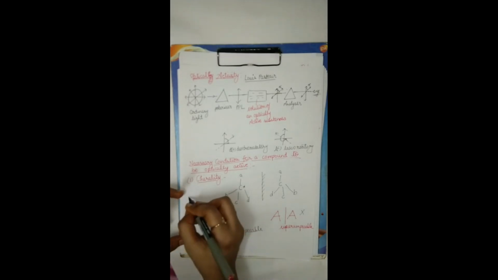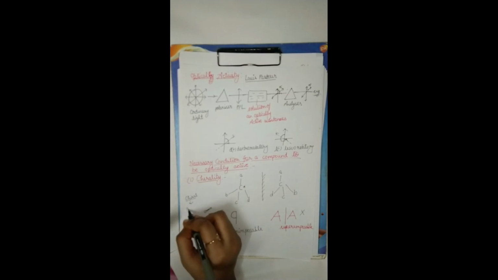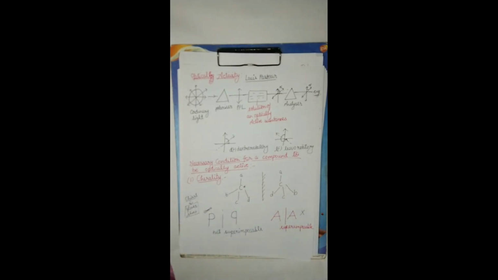Okay, examples of chiral objects, what I am telling you, are gloves and shoes. A human hand is also chiral.